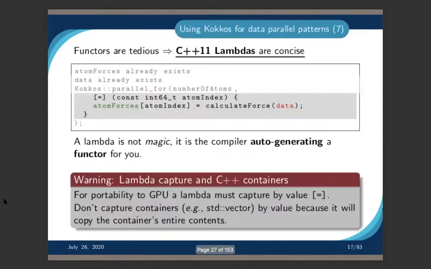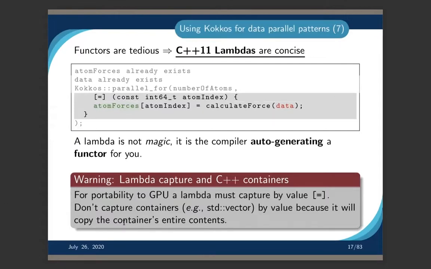But one thing we are doing, which makes it a bit easier for you to find that you did something wrong, in particular with this kind of container semantics, is that we actually make our lambda const, or functor const. So your operator in a functor needs to be actually marked const.